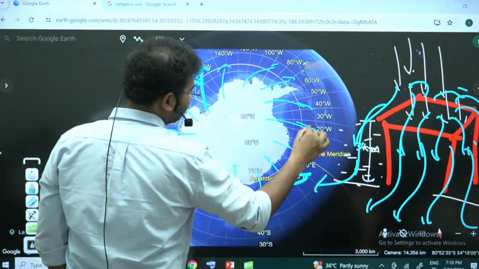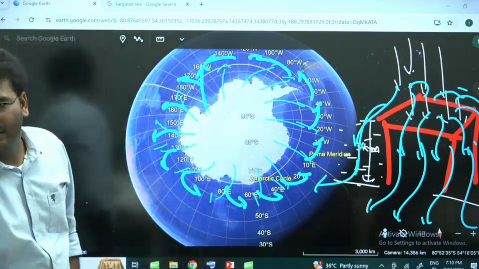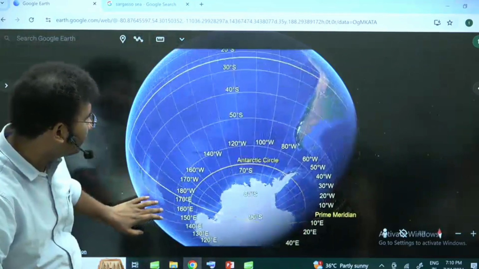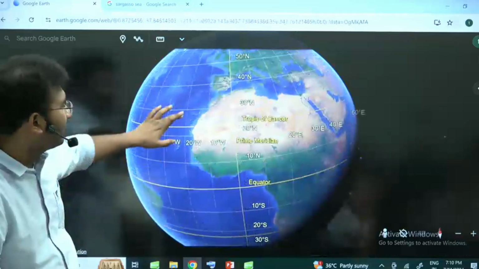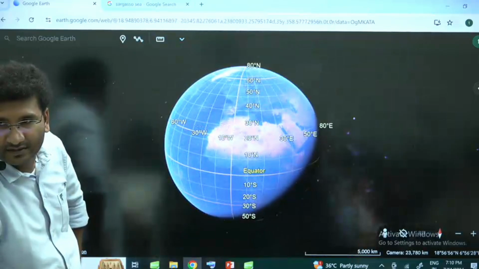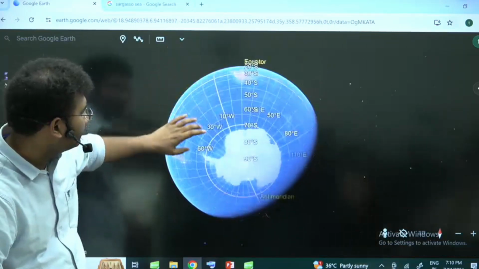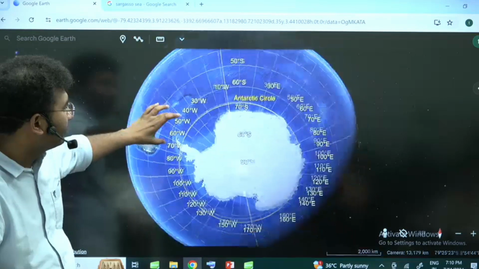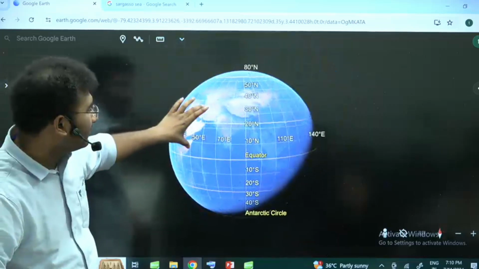Don't you think it is the same? It is nothing but anti-clockwise. And if you broadly look at it, the water will also move in the same direction, and finally it will lead to the west wind drift. Right? Got it? The same content will turn into west wind drift. So that is a very fast moving wind. Now this is nothing but your Pacific Ocean.